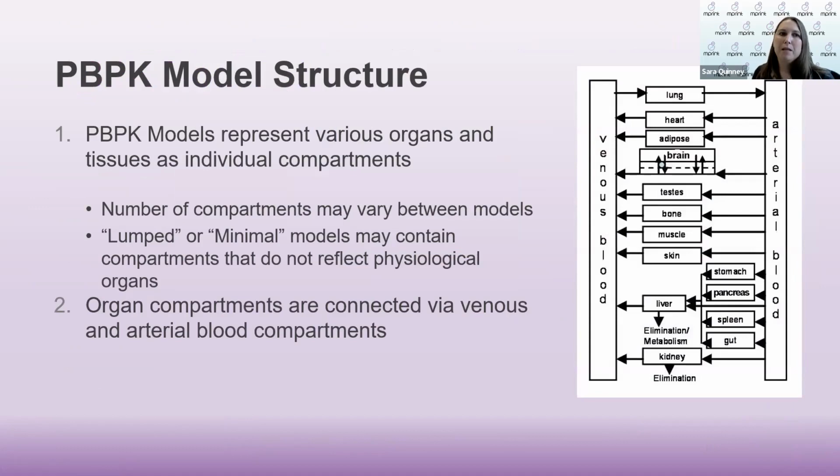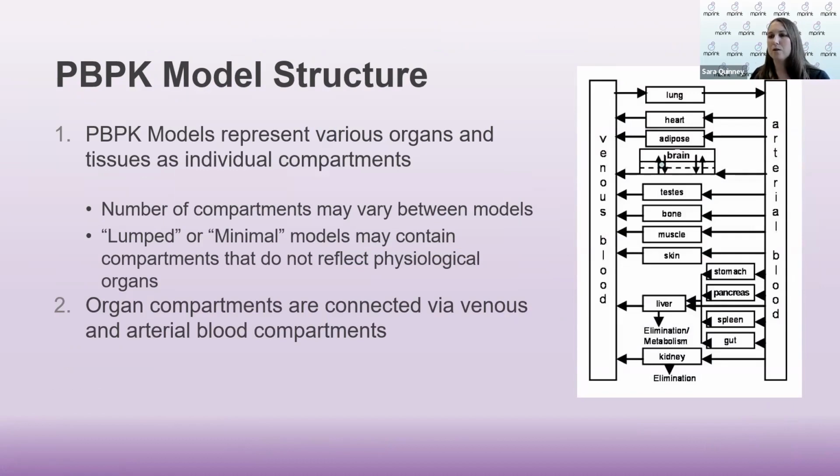So there can be a variety of PBPK model structures. Again, typically the compartments in the PBPK model represent various organs and tissues, but there can be a variation in this, and you can see some models will be minimal or lumped PBPK models that do not necessarily reflect physiologic organs.